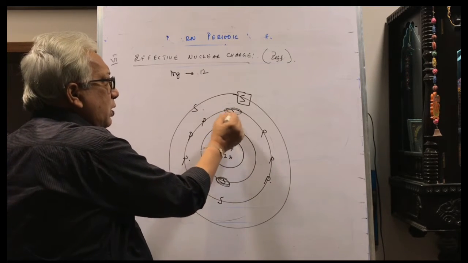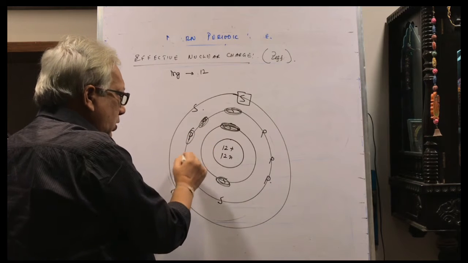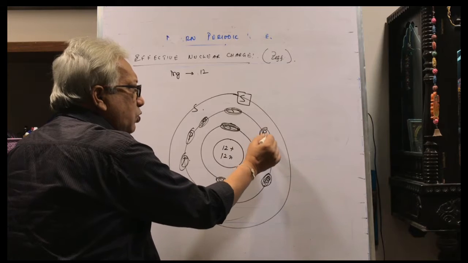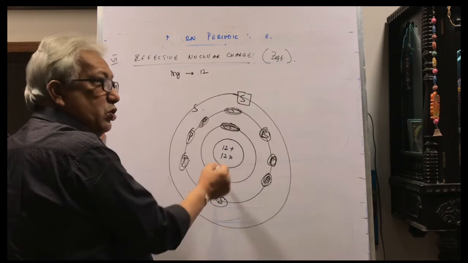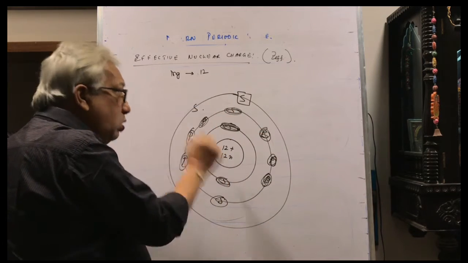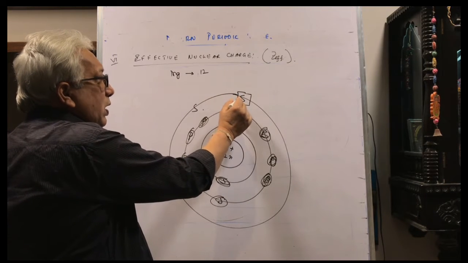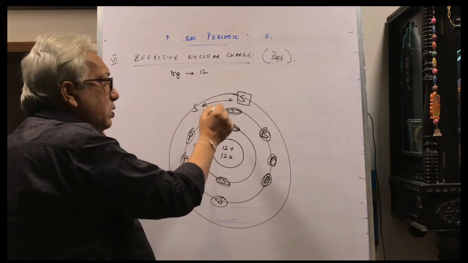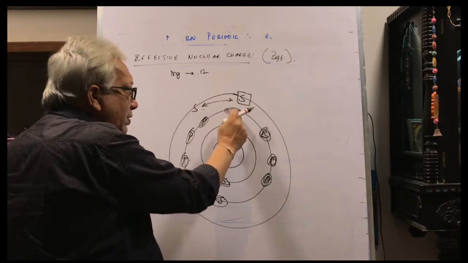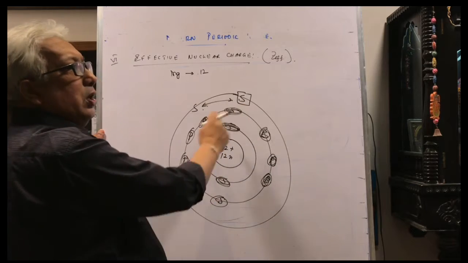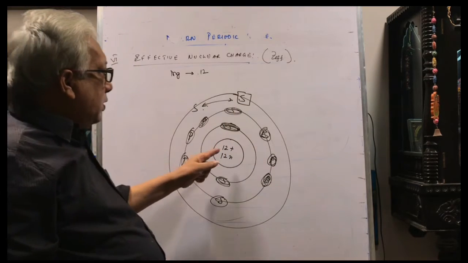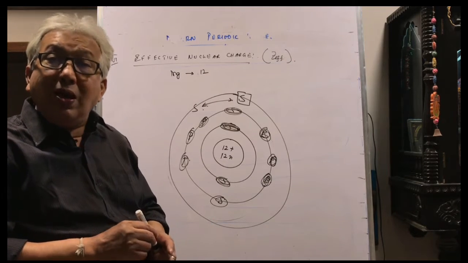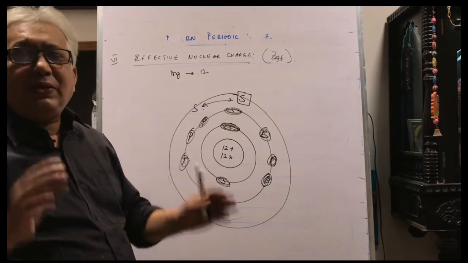Then in the second shell there are 8 electrons, all moving around. They also eat away a little bit of the force of attraction and become a barrier, they are shielding. Also this electron has a force of repulsion with the other electron over here. This repulsion and the shielding by the inner shell electrons will make sure that the effective nuclear charge is not equivalent to 12, it will be less. So that is the basic idea.